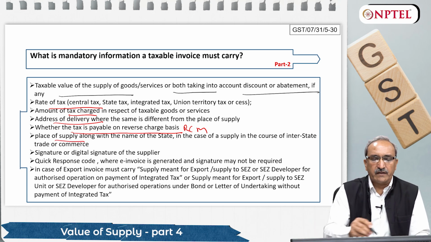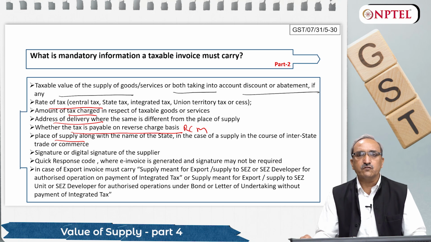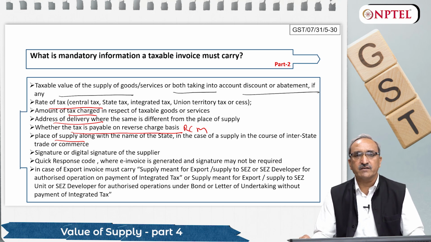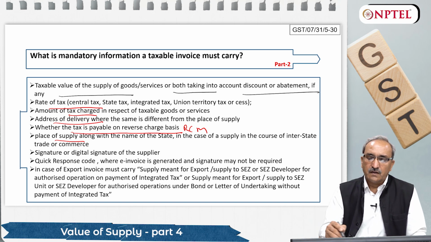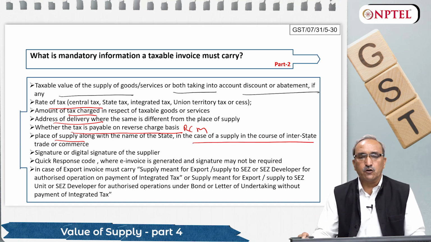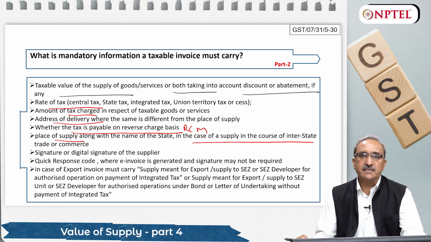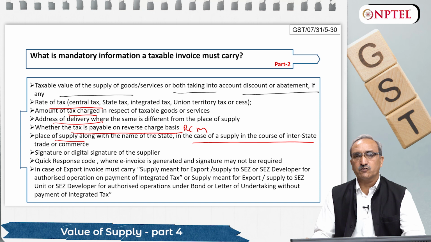Then place of supply, where the material is going to be consumed, where the supply was actually given. Because as I told you, GST is a consumption based tax. So based upon the information given on your invoice where the consumption actually happens, revenue will be given to that state.